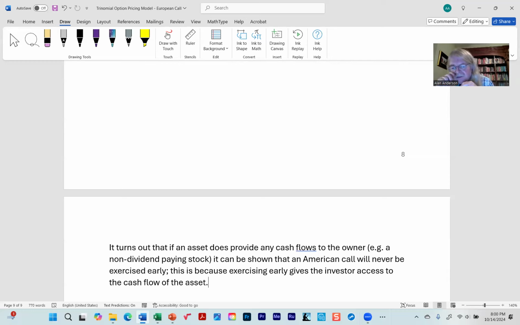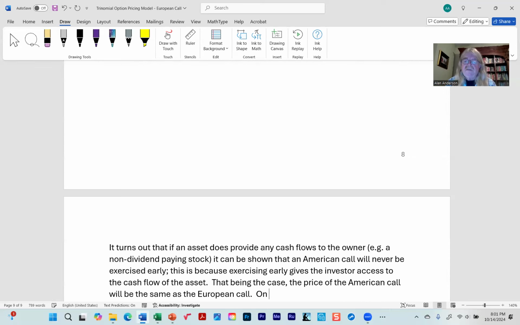And so, for American calls written on these non-dividend-paying stocks, it will never make sense to exercise early. That being the case, the price of the American call will be the same as the European call.